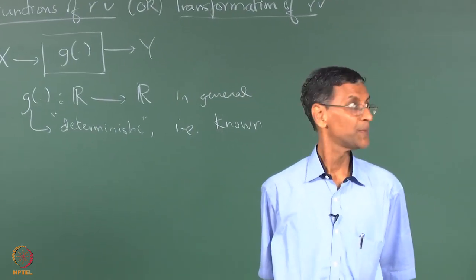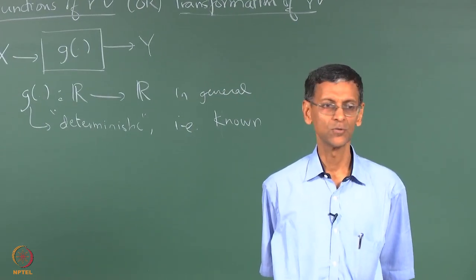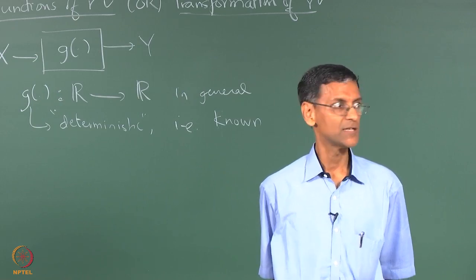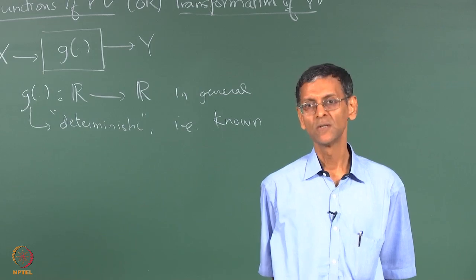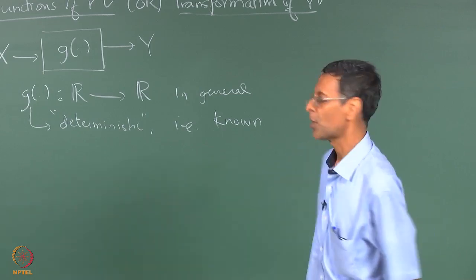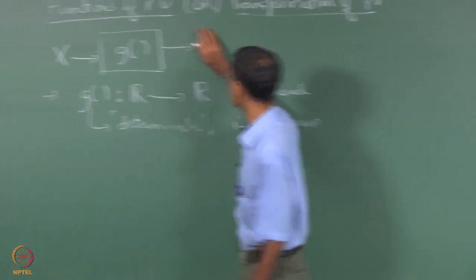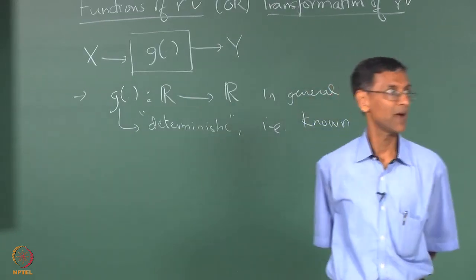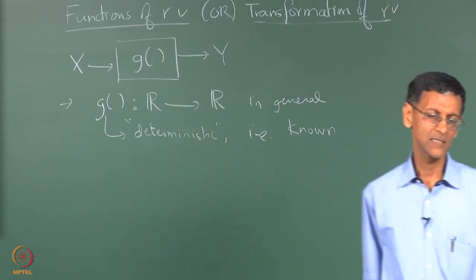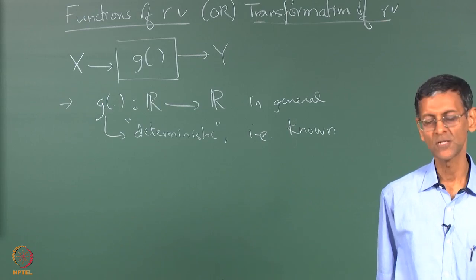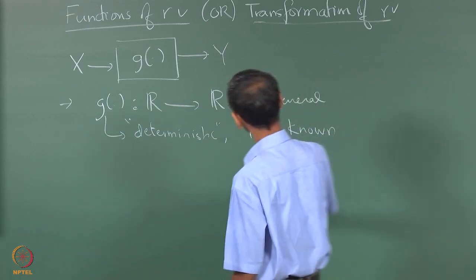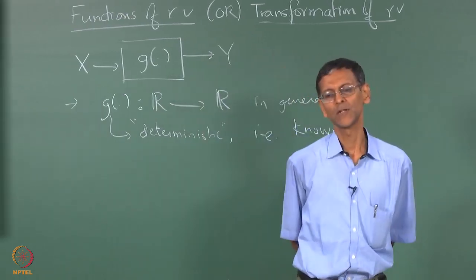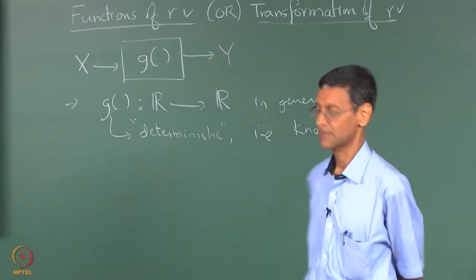The random experiment will throw at you some realization, some value taken by capital X, and that will be transformed by G into Y. If you look at all the possible values you get out as a result of the random variable X going into this mapping G, can we call this output a random variable? It turns out yes.